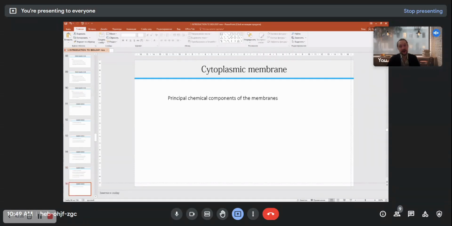And what are the chemical components of the cell membrane? After we received initial ideas about what cell membranes are doing, we have to understand, at least in a simple general way at the beginning, what the structure of the cell membrane is.